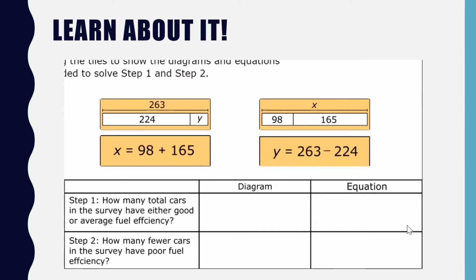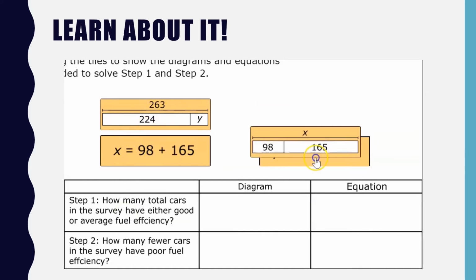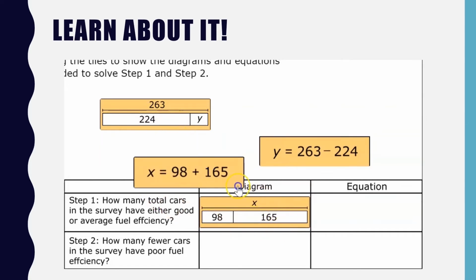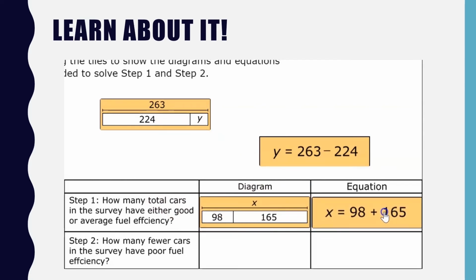Okay, so let's go ahead and review that. We did have our hidden question, which was how many total cars make sense as far as being considered either good or average, right? So what did we do there? We combined the two pieces to get our total number of cars that were either good or average. And what equation does that look like? 98 plus 165.